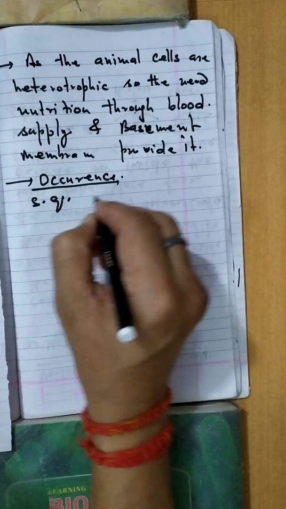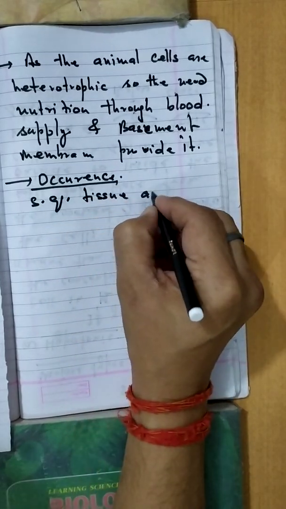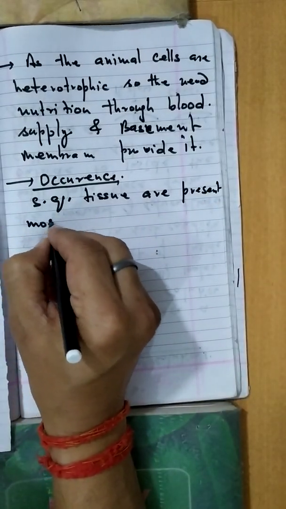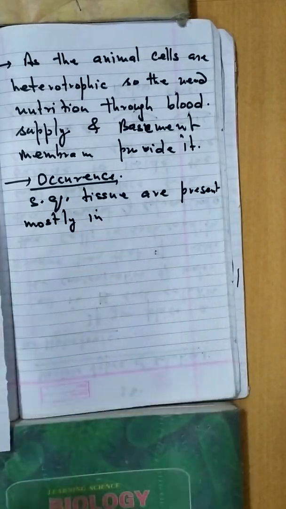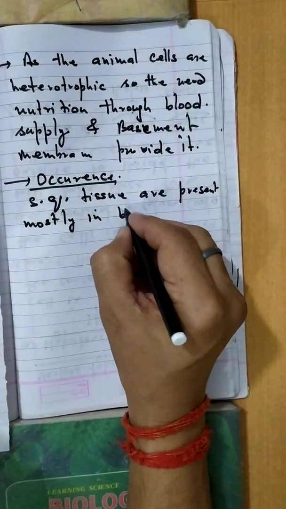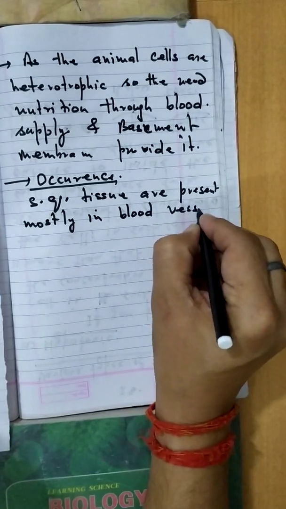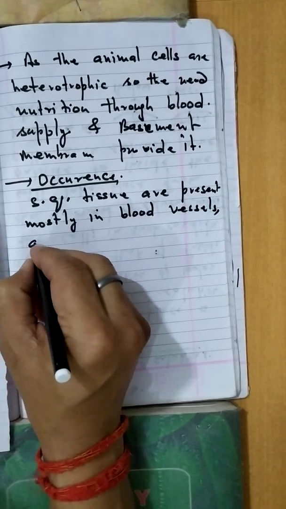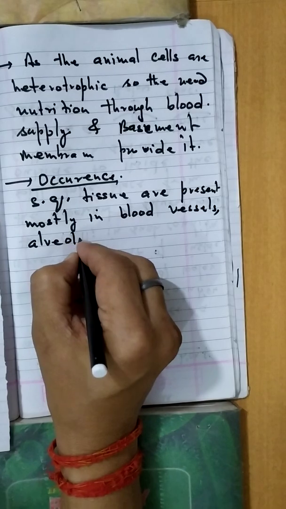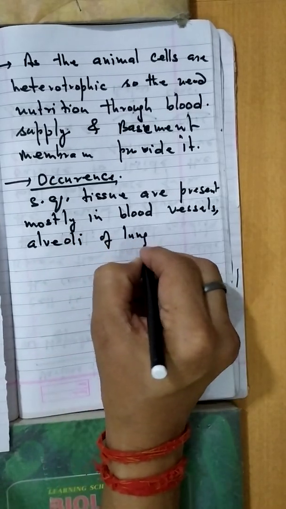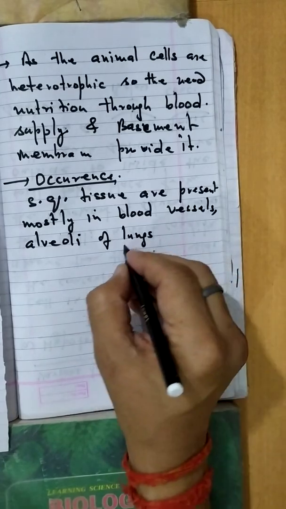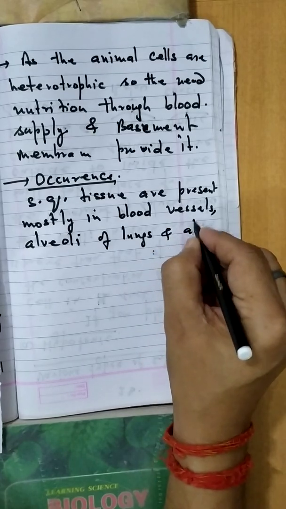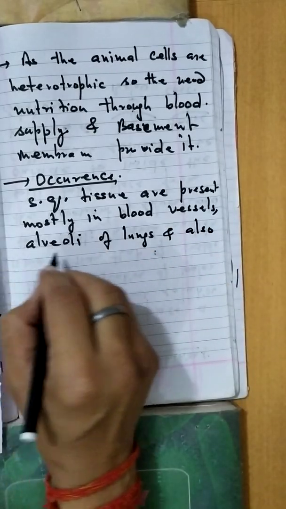Simple squamous tissue are present mostly in blood vessels, alveoli of lungs, and also lymph vessels.